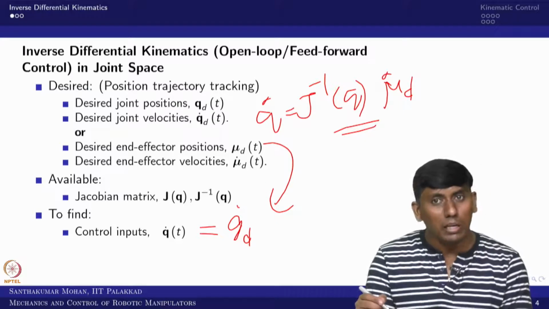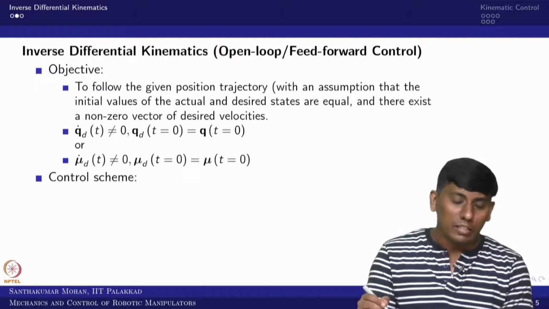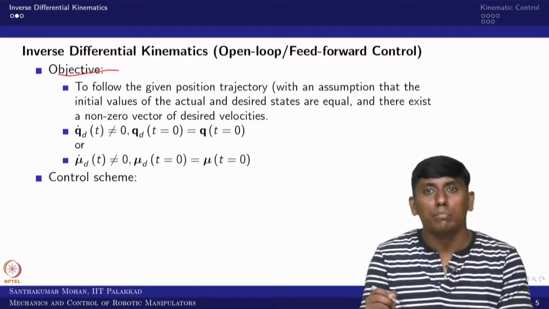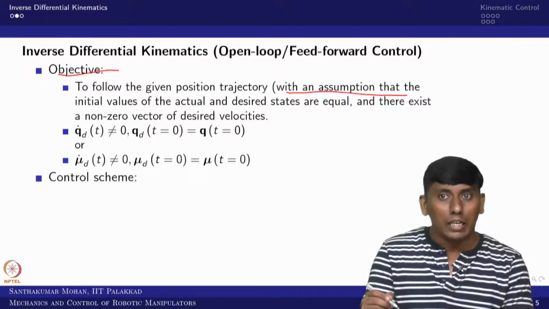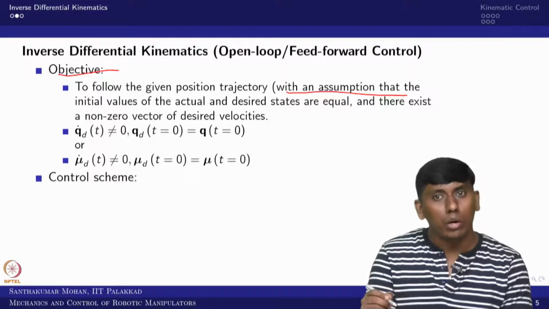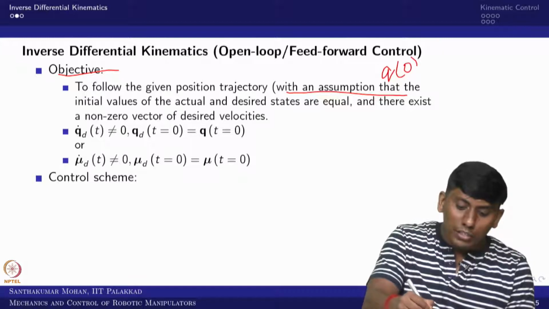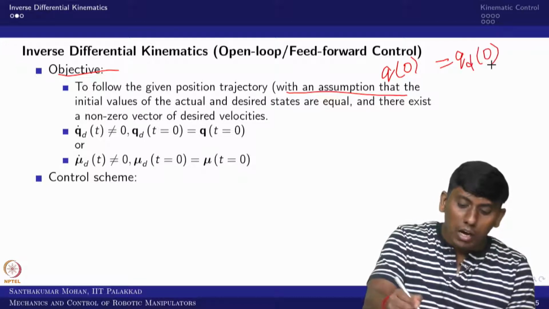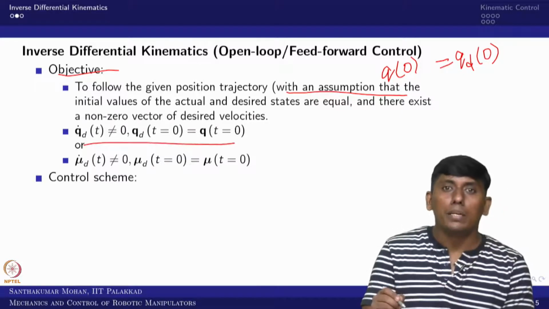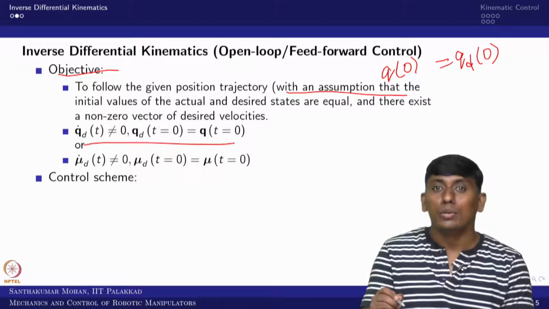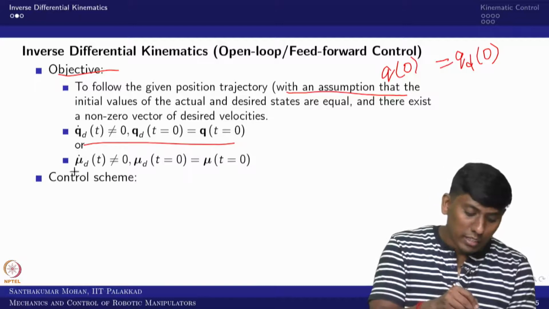For that there are some conditions, which I am putting here. The objective is to follow the given position trajectory. However, there is an assumption explicitly given: the initial values of the actual and the desired states are equal, in the sense that q of 0 and q desired of 0 are the same. Further, it should have a non-zero desired velocity, only then will the differential kinematics work.